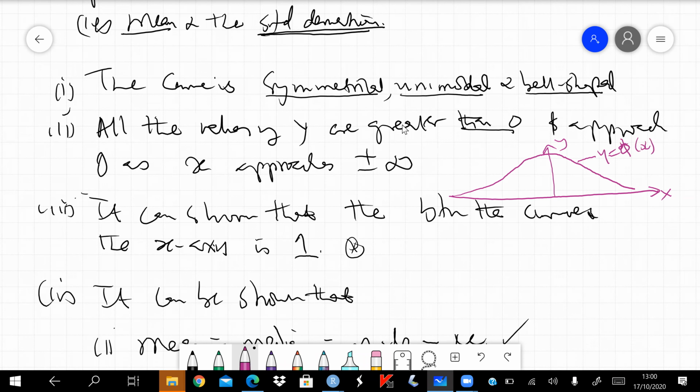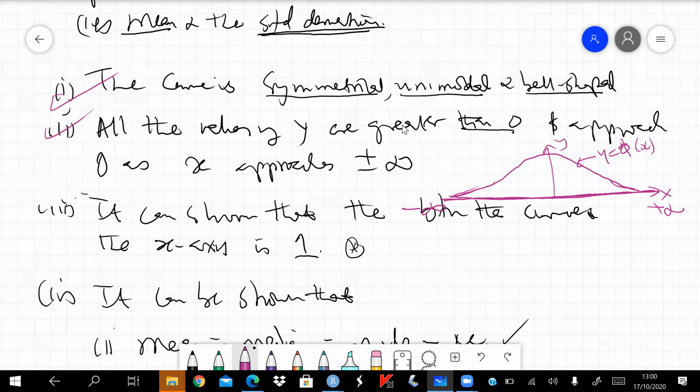You notice that the curve is always above this line. As you approach minus infinity and plus infinity, it becomes very close, but it will never touch the x-axis. So this curve is entirely above the x-axis.